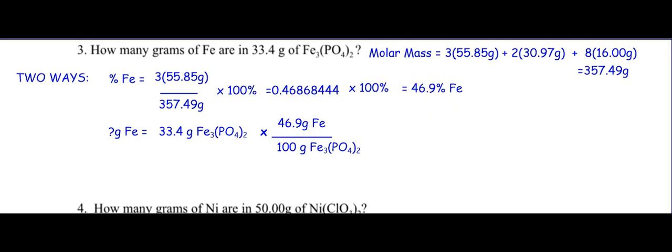If I have 100 grams of the entire sample of the iron 2 phosphate, 46.9 grams of it will be iron, okay? So then take 33.4 times 46.9 divided by 100, and I got 15.7 grams of iron.